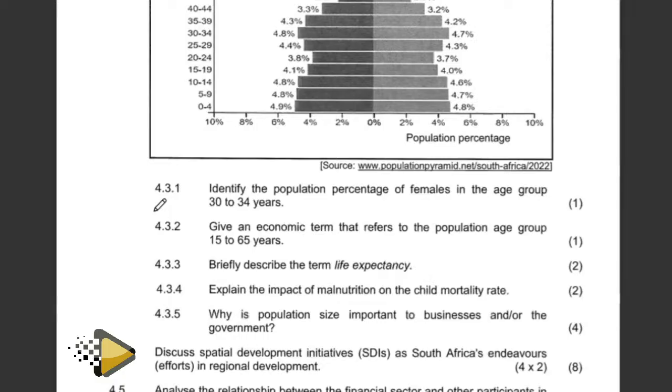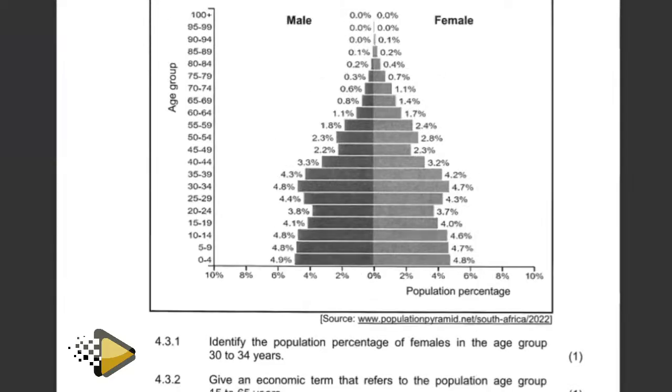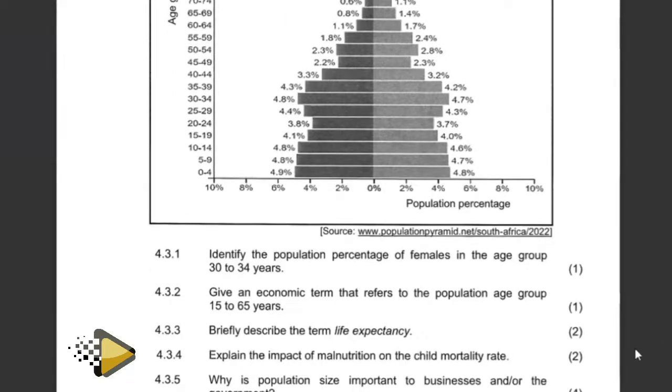The question reads as follows: 4.3.1, identify the population percentage of females in the age group 30 to 34. Population percentage means we check this side.